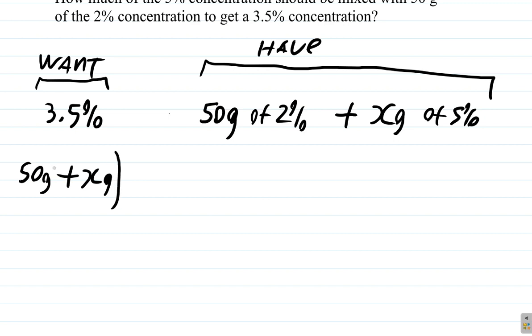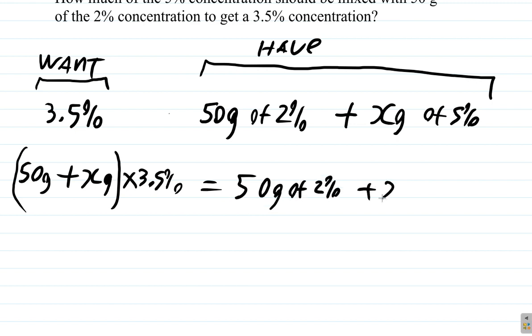So the amount of 3.5% we will have is 50 grams plus X grams of 3.5%. So this comes from 50 grams of 2% plus X grams of 5%.